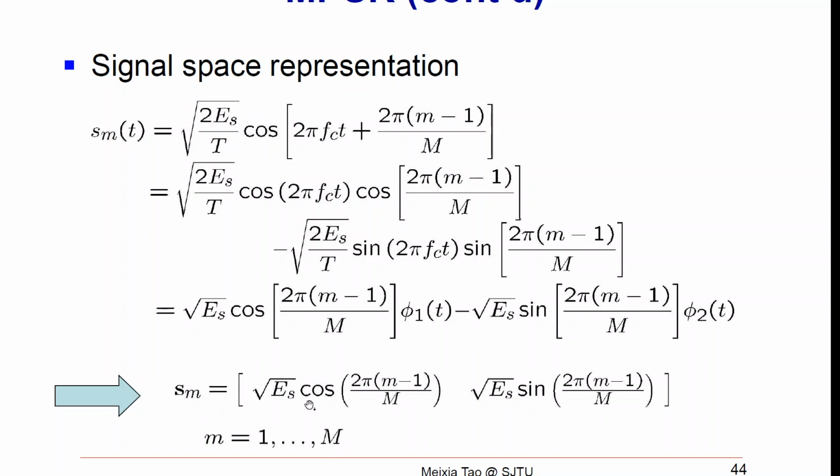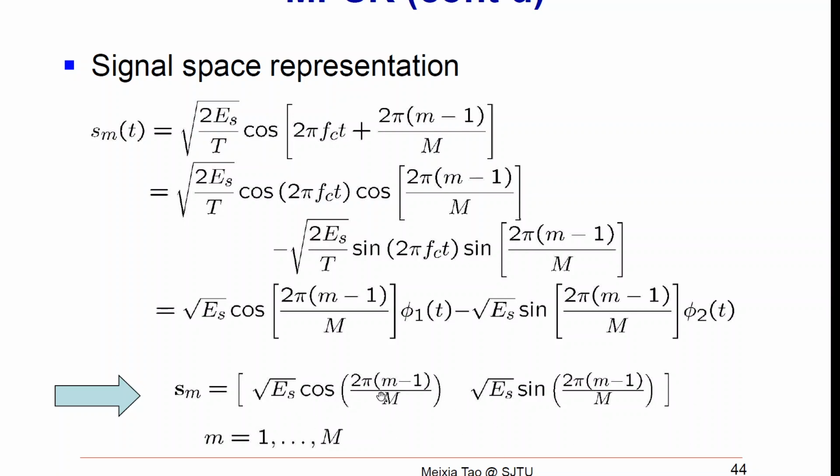So each signal will be a 2D point in the vector space, or sorry, the signal space. Therefore small m varies from 1 to capital M, and s_m has two coordinates defined like this.